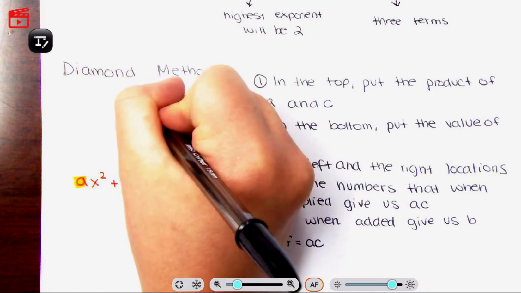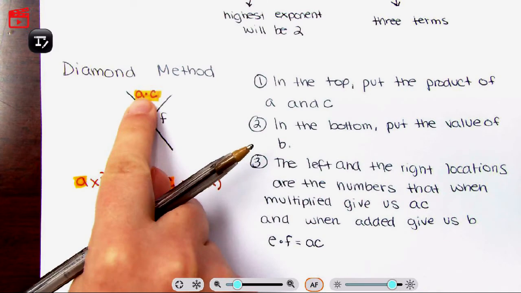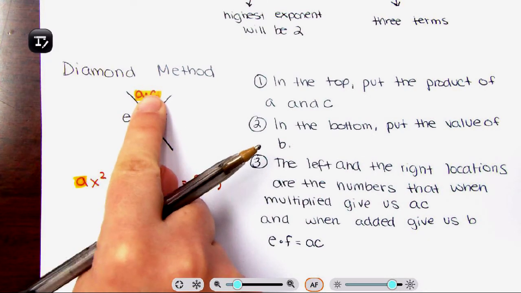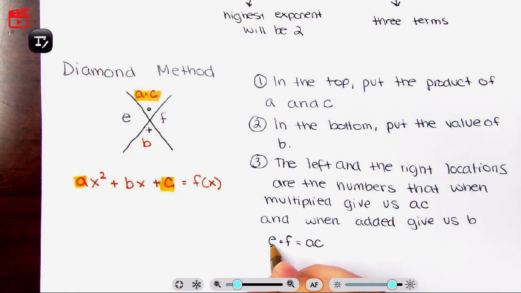I usually put a dot there, and I usually put a plus here, just so I know that I'm looking for 2 numbers to multiply to the number on top, and 2 numbers to add to the number on the bottom. So this number times this number is going to equal the top, and this number plus this number is going to equal the bottom. Whatever those numbers are.